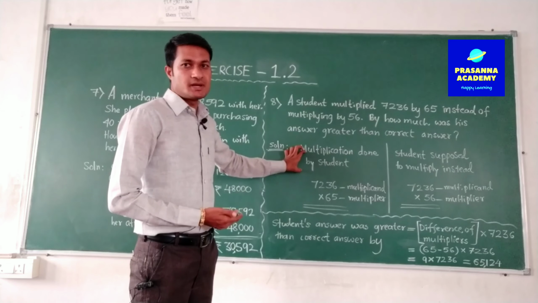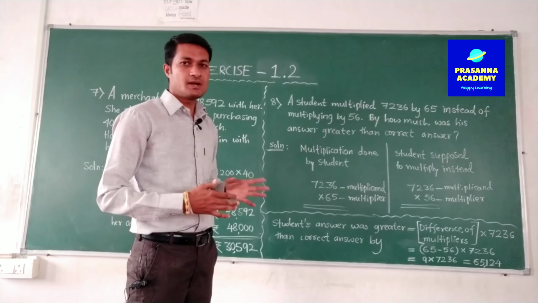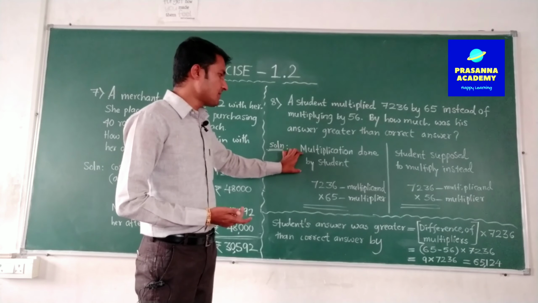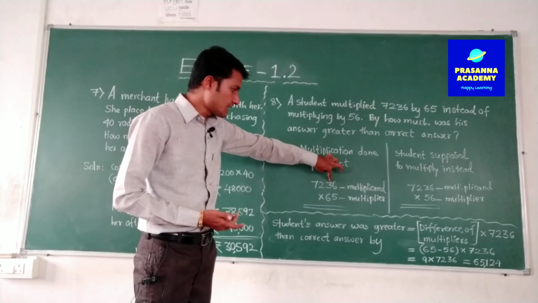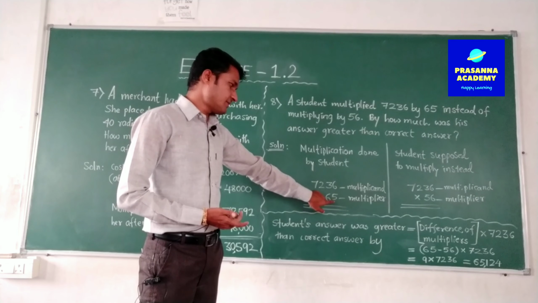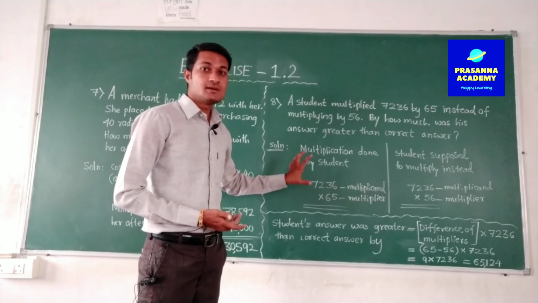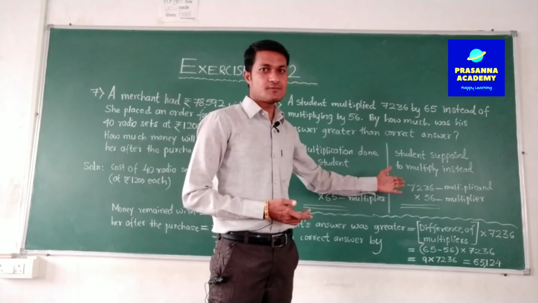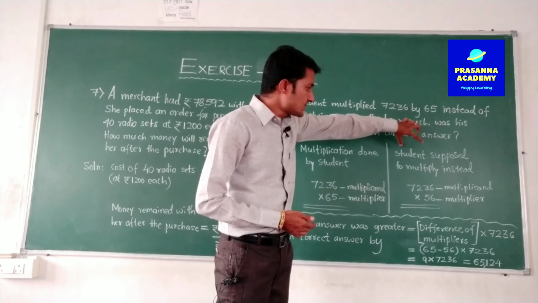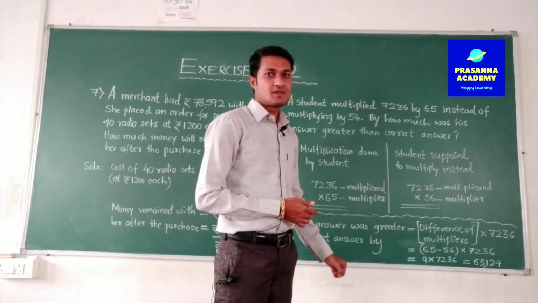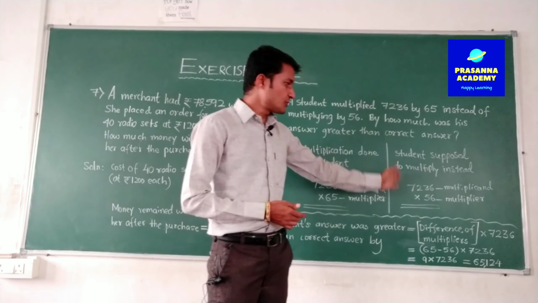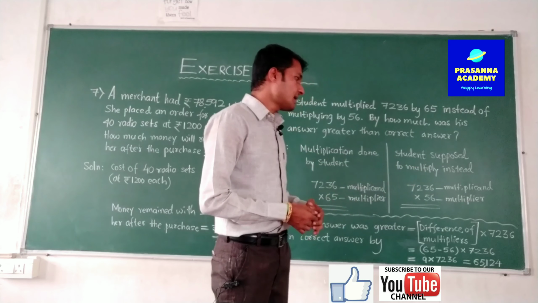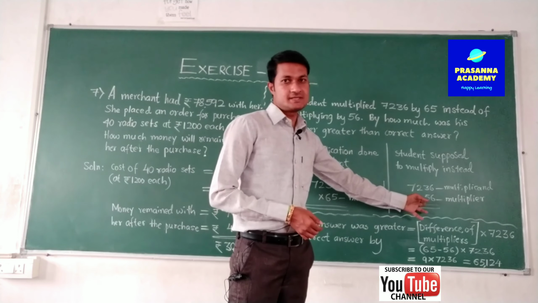Multiplication done by student. This is what he has actually done, that is 7,236 multiplied by 65, right? This is student multiplication, but student supposed to multiply instead, that is, instead of this, he is supposed to do this multiplication, that is 7,236 by 56.